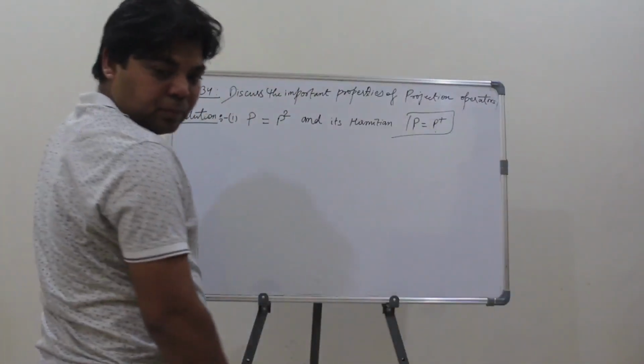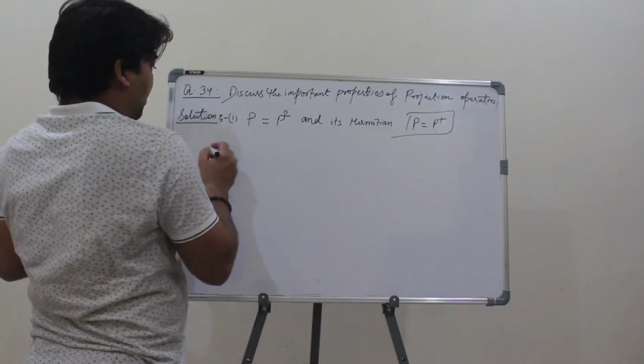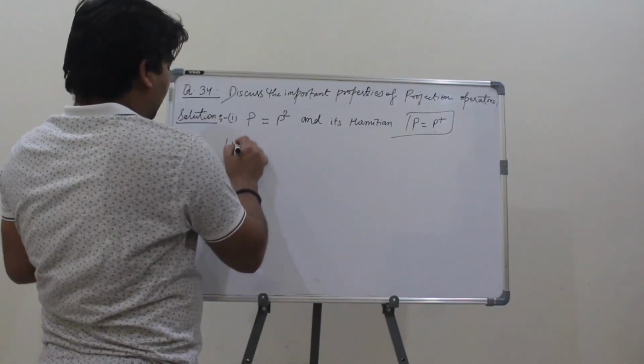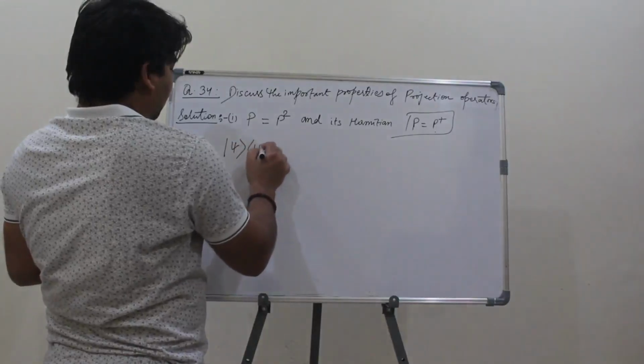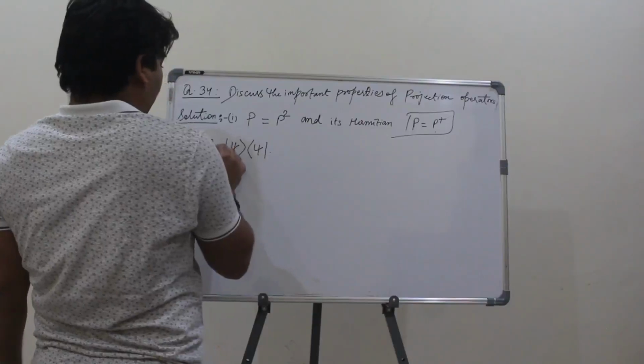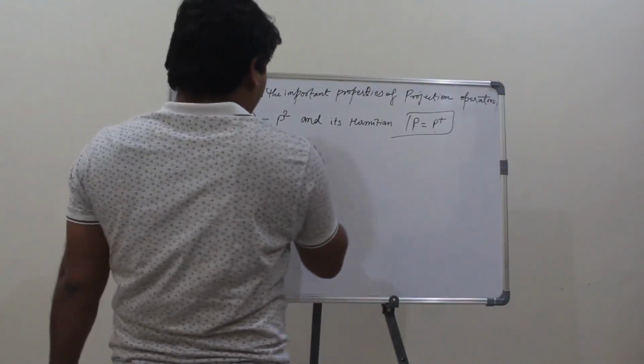And then the second property is that it is represented by this. P equals this, where psi is normalized.